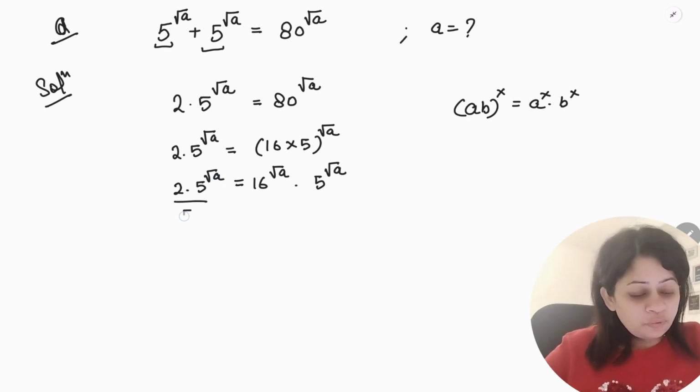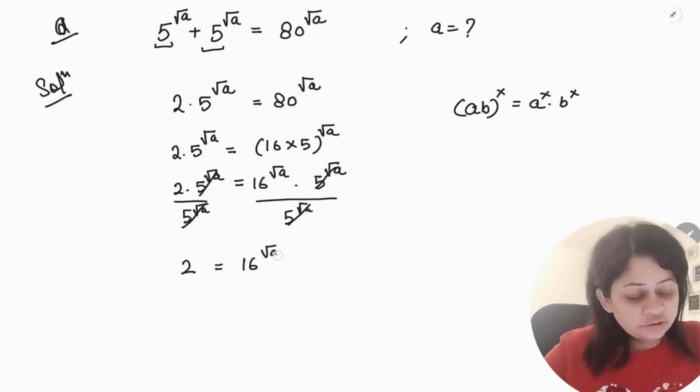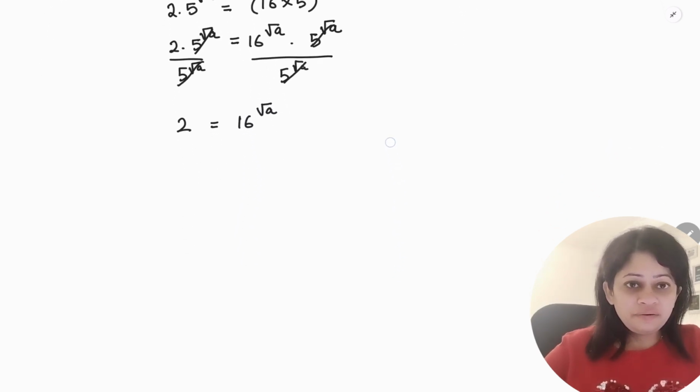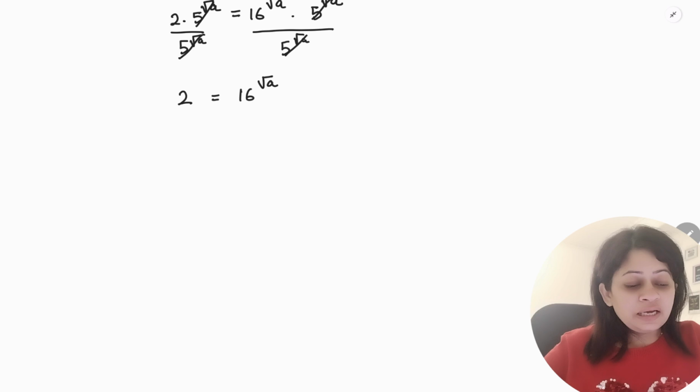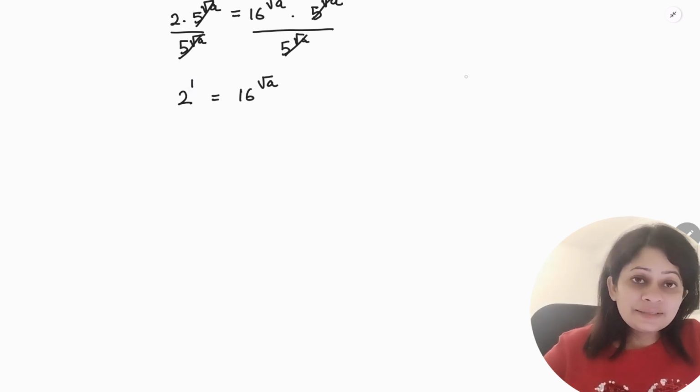So here we have 2 times 5 raised to power root a. If I divide both sides by 5 raised to power root a, I would get 2 is equal to 16 raised to power root a, right? So I can see that the left hand side is 2 raised to power 1, but the right hand side is 16, and I know that 16 is 2 raised to power 4.